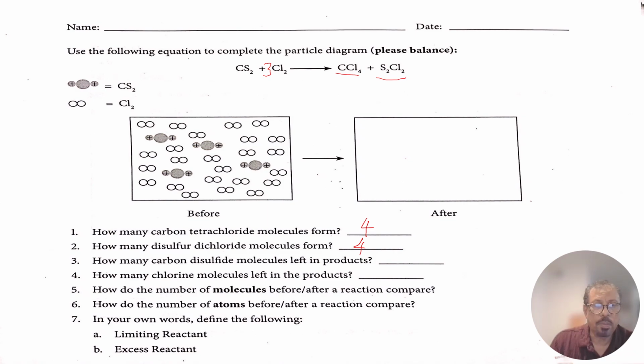How many carbon disulfide, which is this one? If you look at the previous slide, you're going to find out we have nothing left over. How many chlorine molecules left in the product? It is 12 molecules. If you look at the previous slide, you're going to find there are 12 molecules.